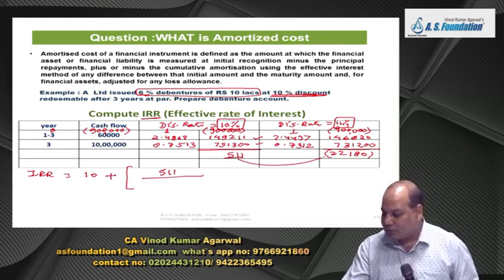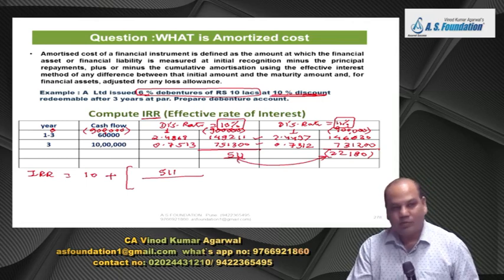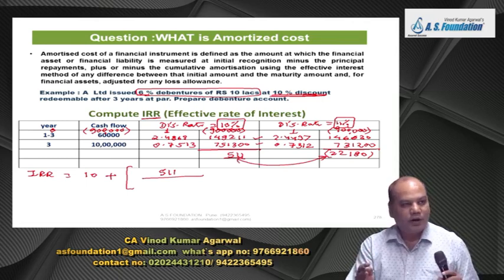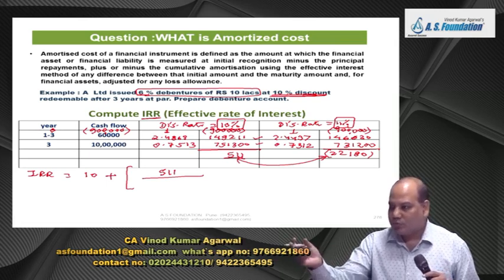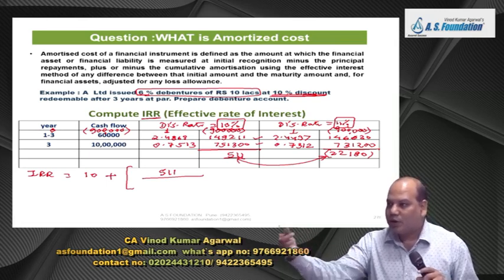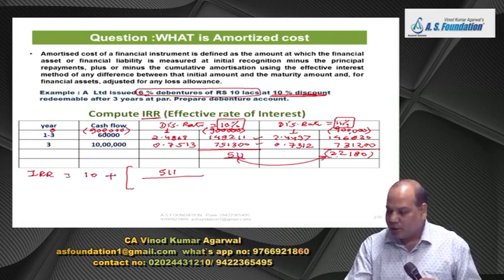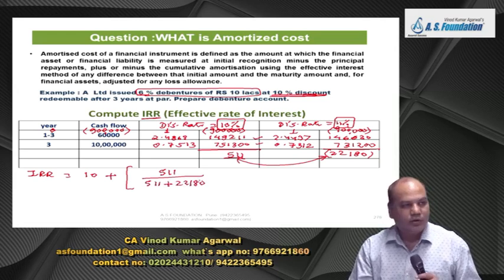Then take the difference between these two numbers. 511 minus, again minus, because minus 20 to 180, minus will become plus. So the gap created because of change in discount rate is 511 plus 22,180.